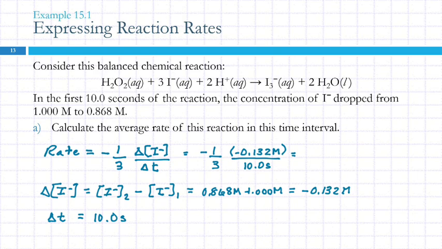So then we've got negative 0.132 times negative 1 divided by 3 and divided by 10. And we get 0.0044, and the units are going to be molarity per second.